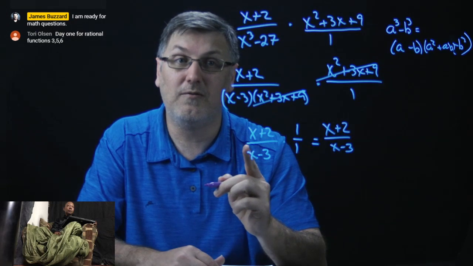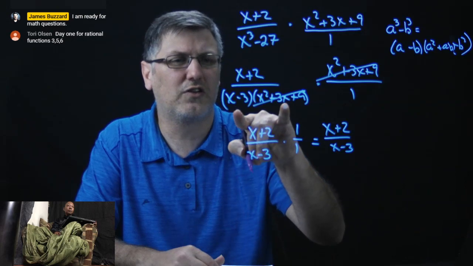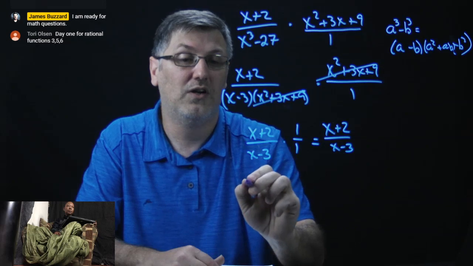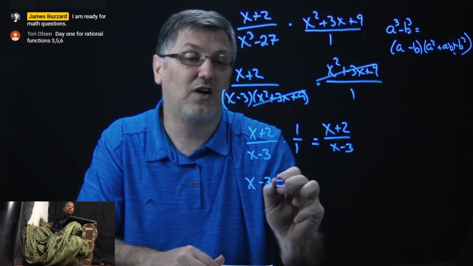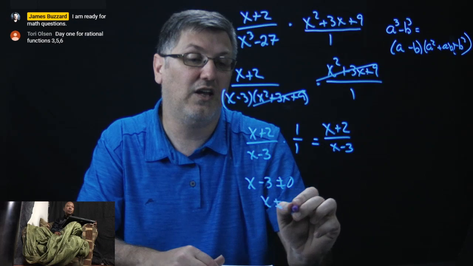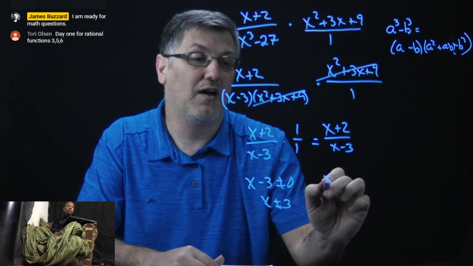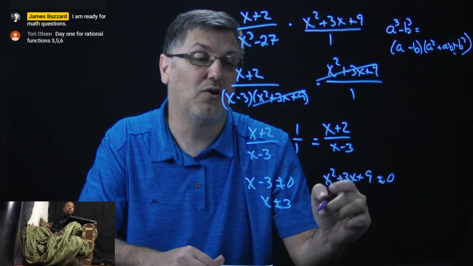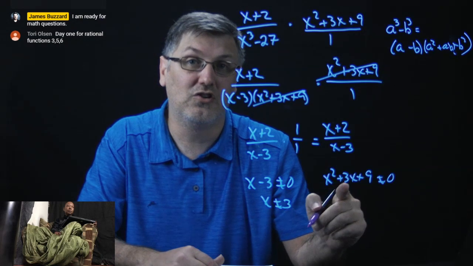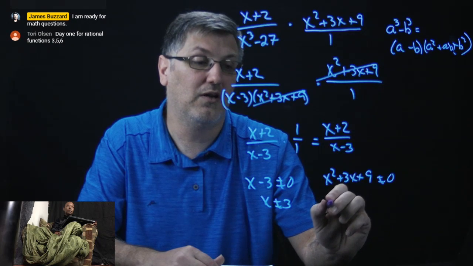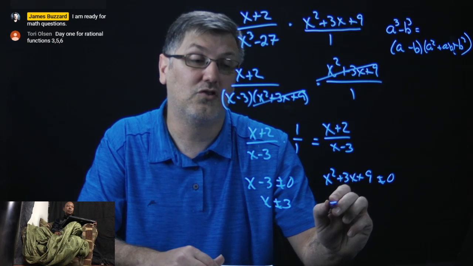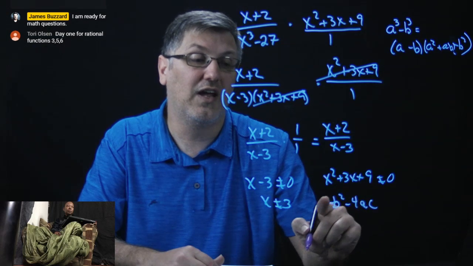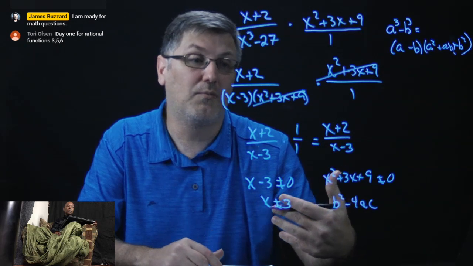Now I want to know the domain. So on this, we're just going to look at the denominators and set each of these not equal to 0 and solve. So x minus 3 does not equal 0, which means x cannot equal 3. And then we have x squared plus 3x plus 9 cannot equal 0. This is going to be complex. You can check real quick by doing the discriminant, b squared minus 4ac. If this is a negative number, then you're going to have 2 complex solutions.